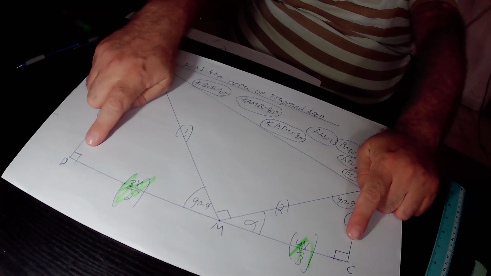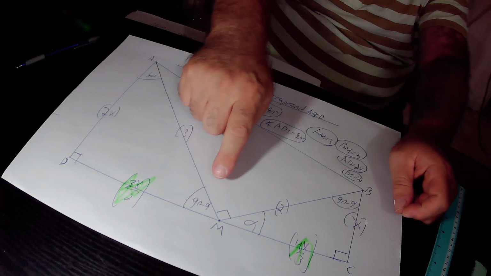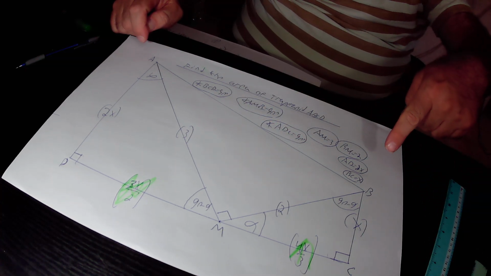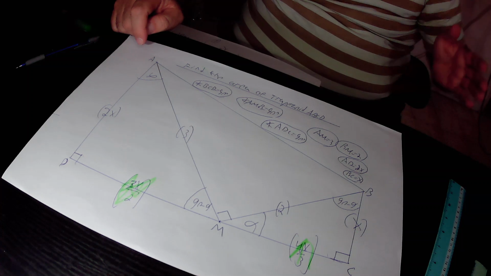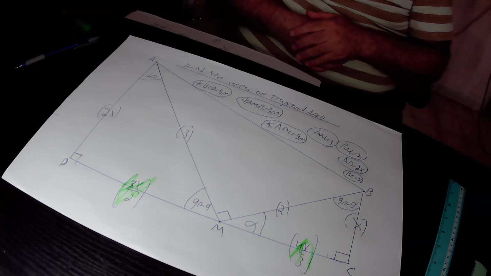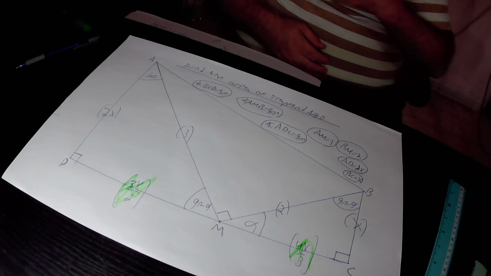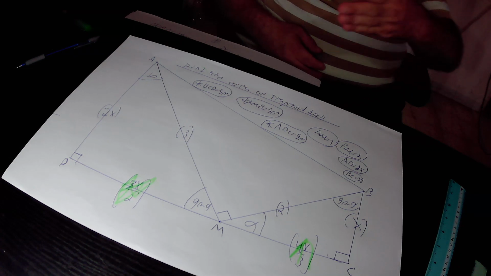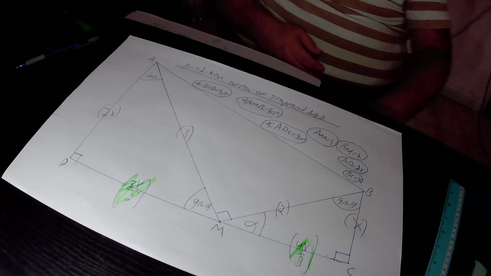Those two angles are right angles. And this is angle A and B, this is also a right angle. AM equals 3 units in its length. BM equals 2 units in its length. Again, our mission is to find out the area of this trapezoid ABCD. That is a different trapezoid. It is not the same trapezoid of the first question.